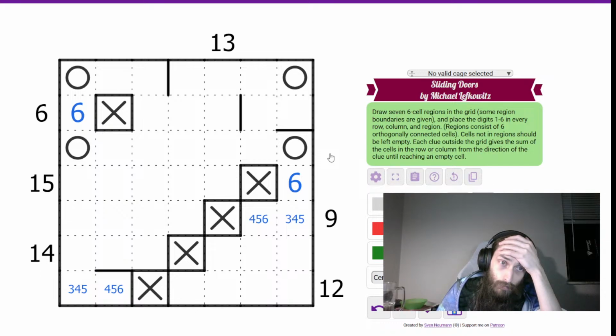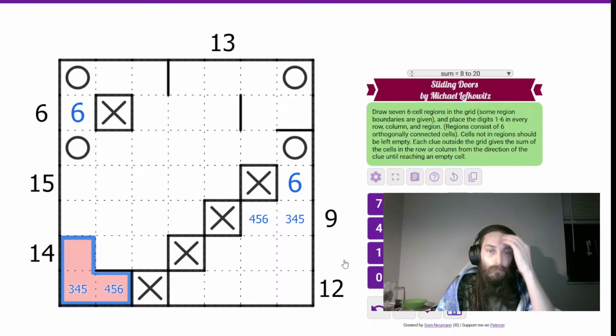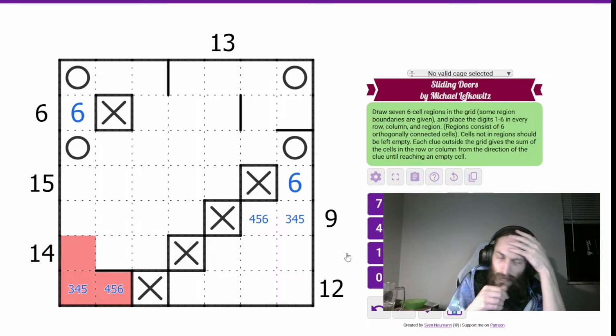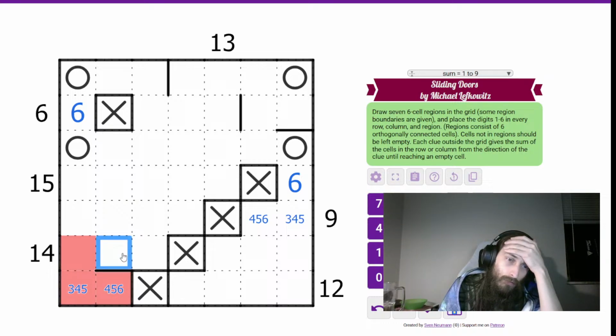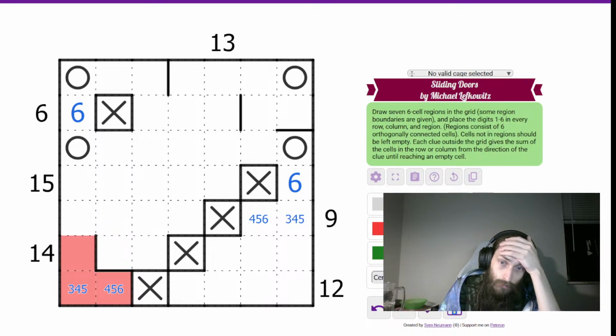Okay, well, the bottom left corner is part of a region, a 6-cell region. Oh, this is a region border. So if this was red, it would violate that. That wouldn't be a region border. And so red must continue.